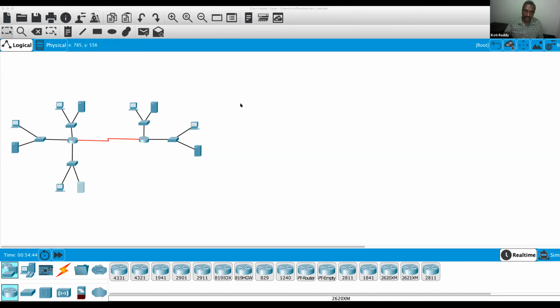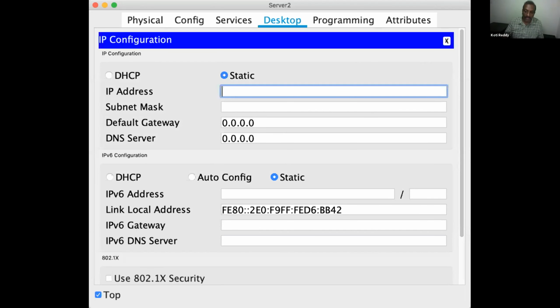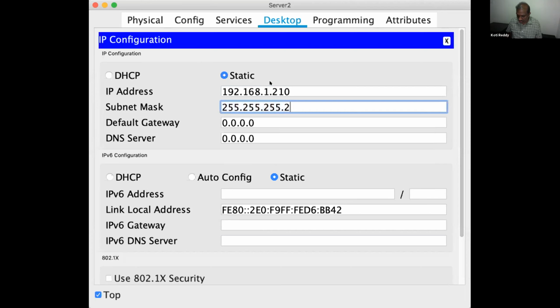Now I go to the HOC server. What address do I give now? I give the IP address 192.168.1.210 with mask 224, and again 192.168.1.193 as the gateway.